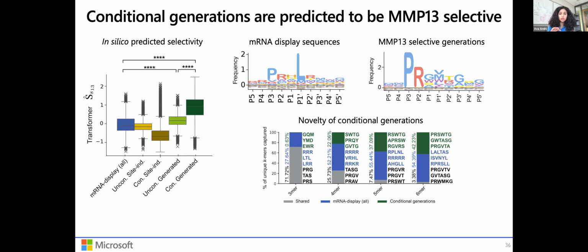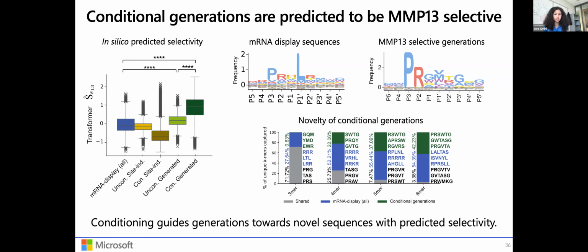And here we again looked at an analysis of k-mer subsequences, and we found that actually, if we think about k-mers of increasing length, the generations occupy a completely distinct set of k-mer motifs relative to the sequences that we learned from. And so this was quite encouraging to us, giving us some evidence that we could generate sequences that were not only likely to be selective, but also ideally novel.